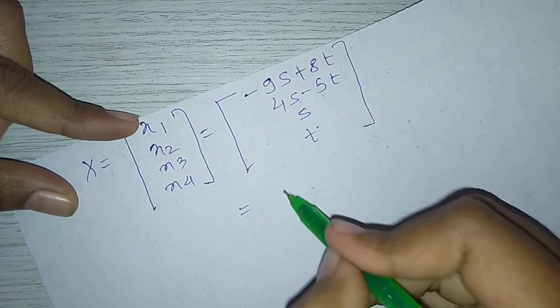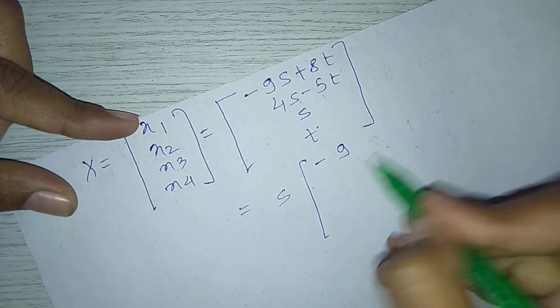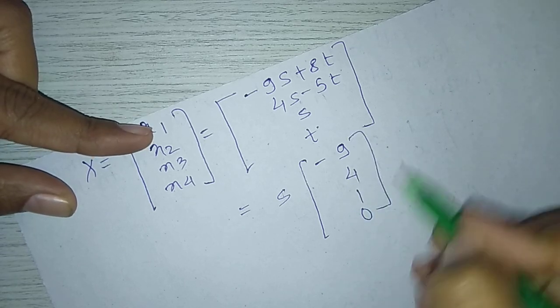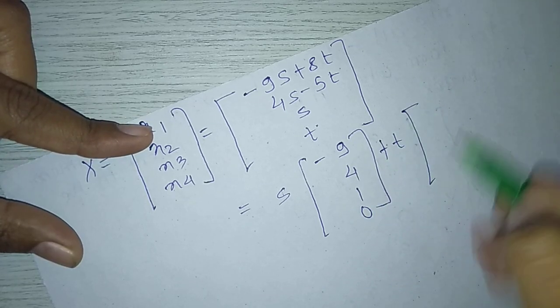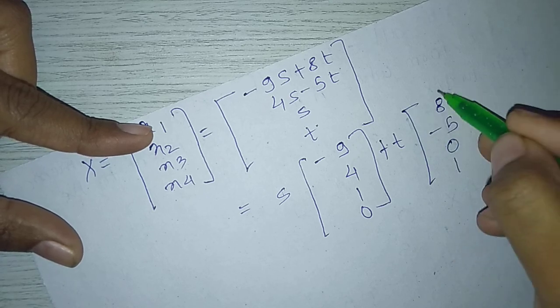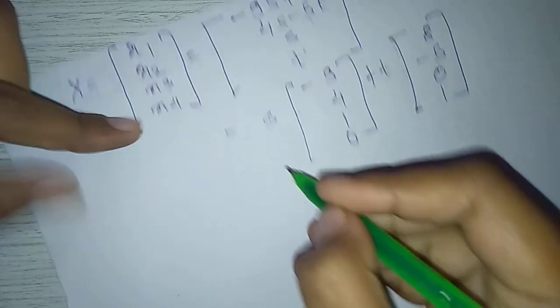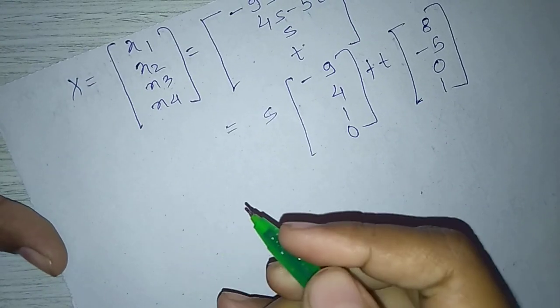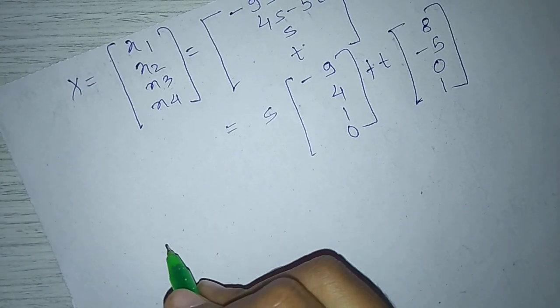Take s common: s times minus 9, 4, 1, 0 plus t times 8, minus 5, 0, 1. So this is the required parametric vector form of the solution set.